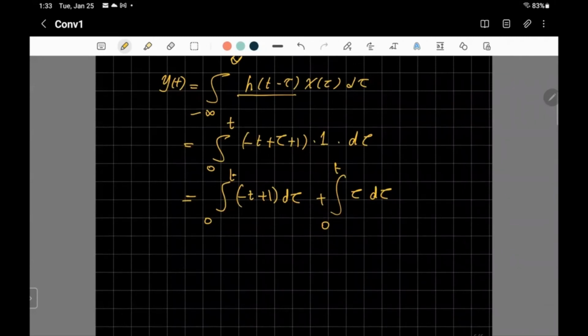Because we are afraid to make the integration, our brain is used to the integration of t squared over 2. No, t is constant with respect to tau. So what is the integration of a constant? When I ask you the integration of 5, what are you going to say? 5 tau, right? So that constant, get it outside: negative t plus 1 times tau, with the limit from 0 to t. The integration of tau with respect to tau is tau squared over 2.